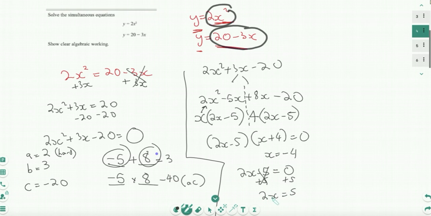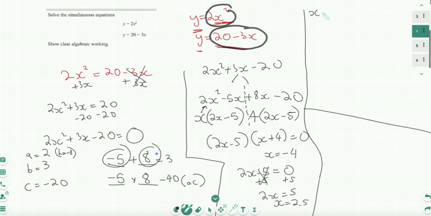And then 2 times what is 5? 2 times 2.5. X is 2.5. So those are the two values for x. X is negative 4, and x is equal to 2.5.